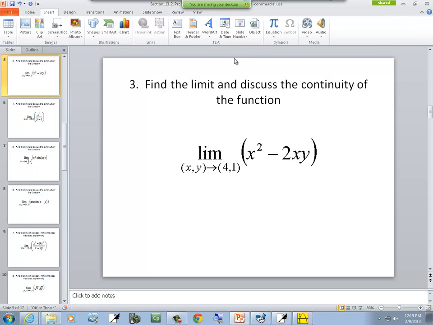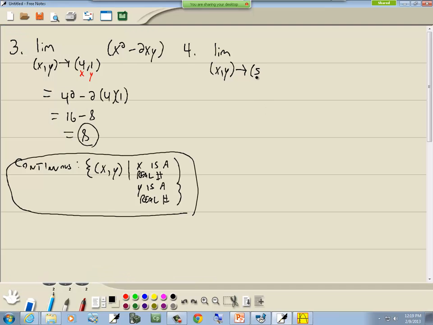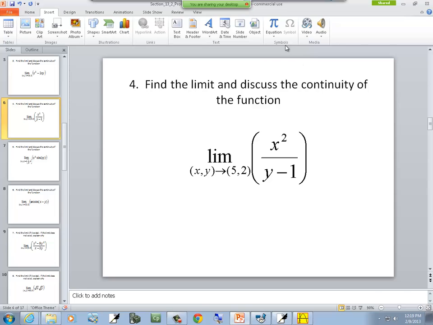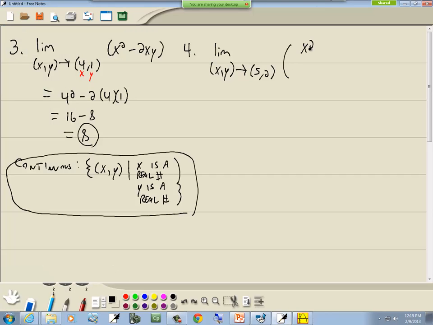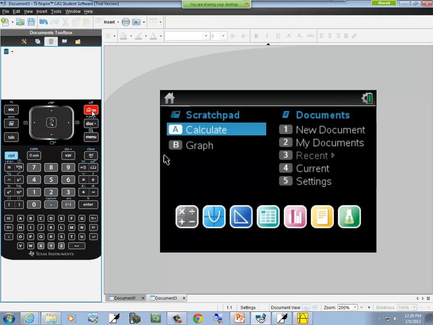Okay, limit as x, y goes to 5, 2 of x squared over y minus 1. Now let's graph this and just see how poor of a job it does on this one. If I press home, that always starts you off at your beginning.